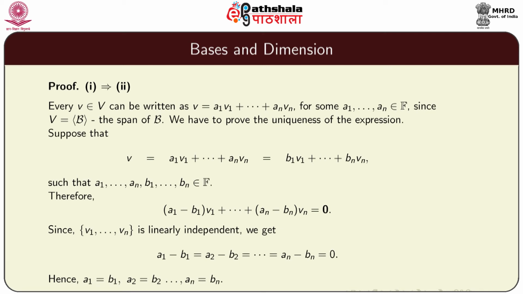That means a1 should be equal to b1, a2 should be equal to b2, and so on, an should be equal to bn. This would prove uniqueness of expression.